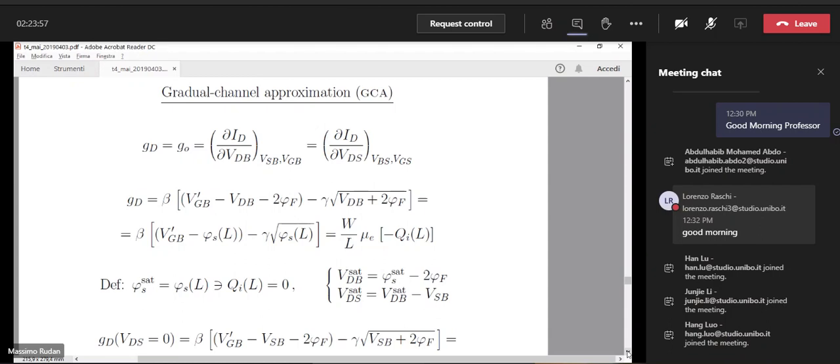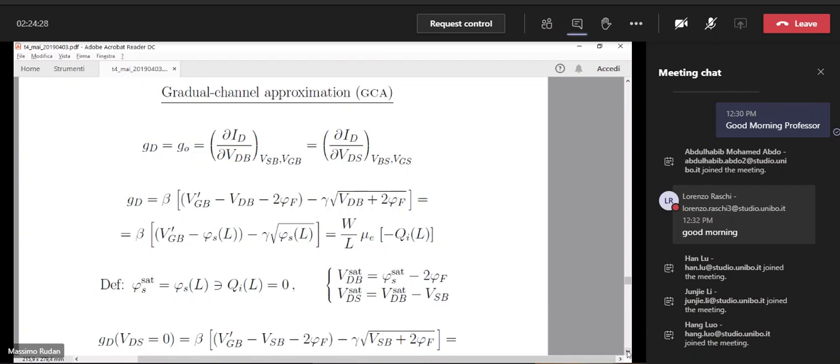So we have three possible derivatives, okay? Since the relations are non-linear, we must define the differential conductances that are the derivatives of the current with respect to one of the voltages while keeping the other two voltages at a constant value.